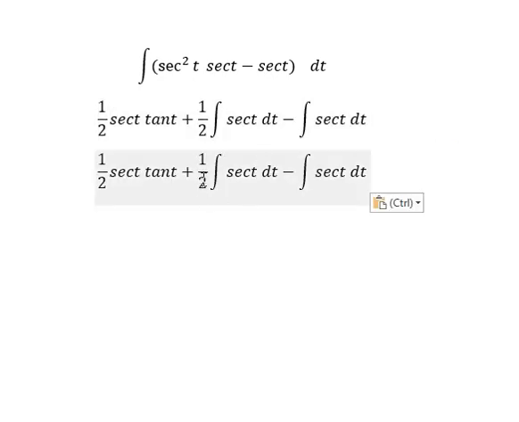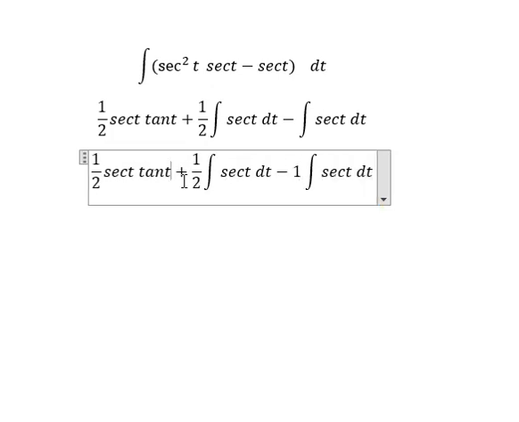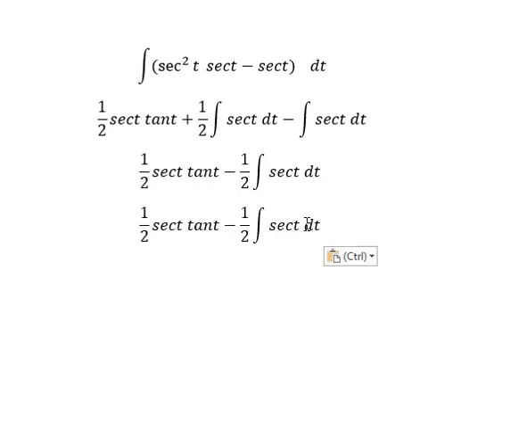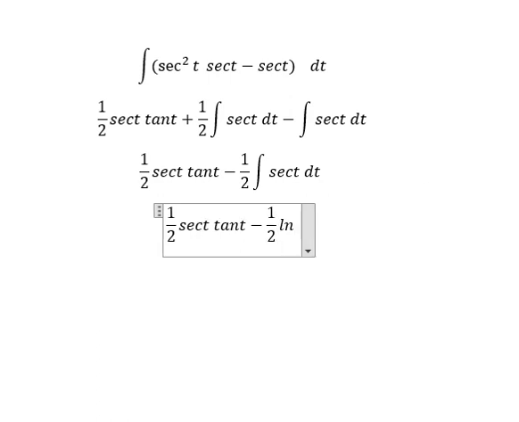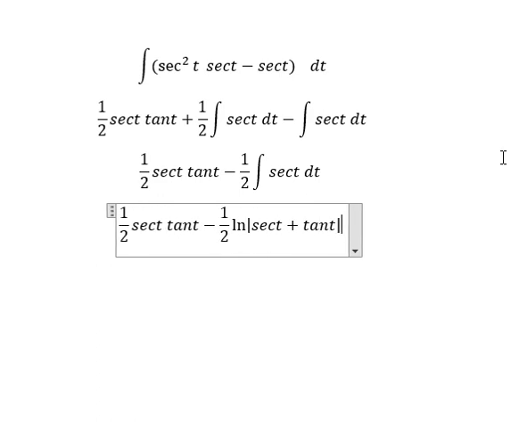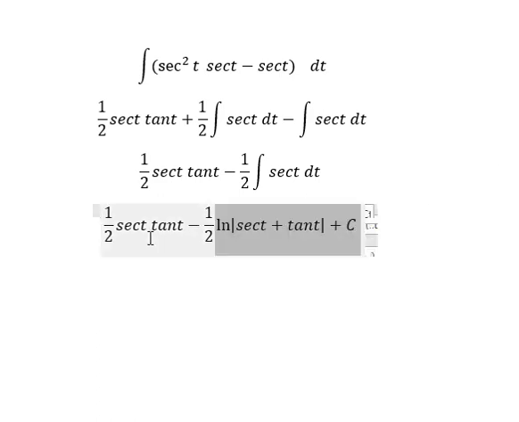So 1/2 minus number 1, you get negative 1/2. So the integration of this one is Ln of the absolute value of secant of t plus tan t, and I will put c.